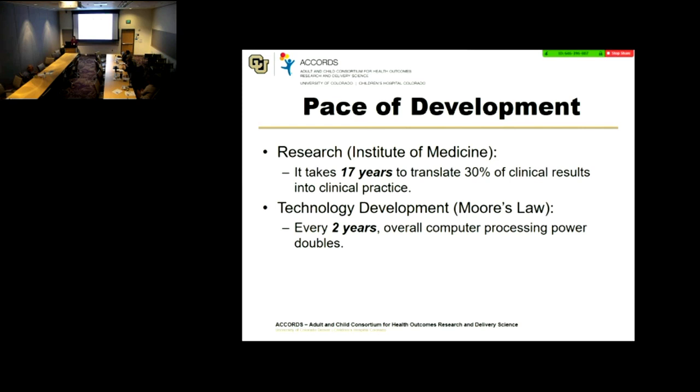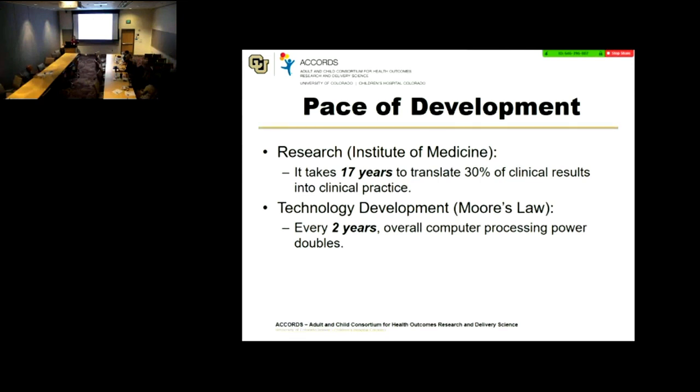Back in, I believe it was the early 1960s, Gordon Moore, no relation, who worked for Intel Corporation, came up with something that's called Moore's Law. And what that refers to is processing power on the computer chips, basically. And what he discerned was that about every 2 years, overall computer processing power doubles.